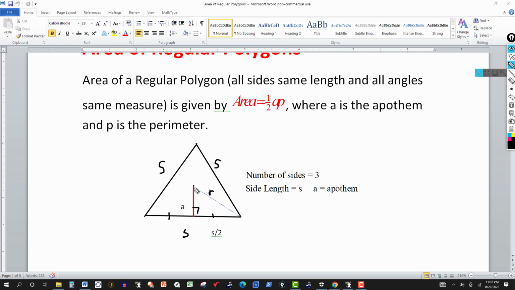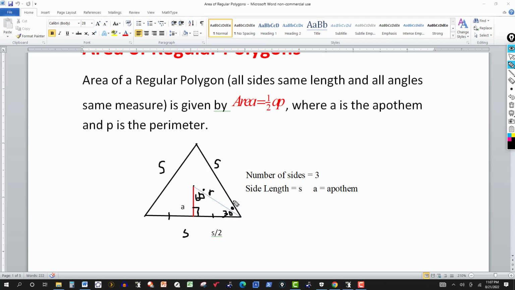When I drop this radius to this vertex, it divides this angle. Each angle here is 60 degrees, equilateral triangle, each angle 60. So this bisects this angle, so this is 30. This is 90 because this is perpendicular, so this angle over here is 60 degrees. And this of course is 30 over here.